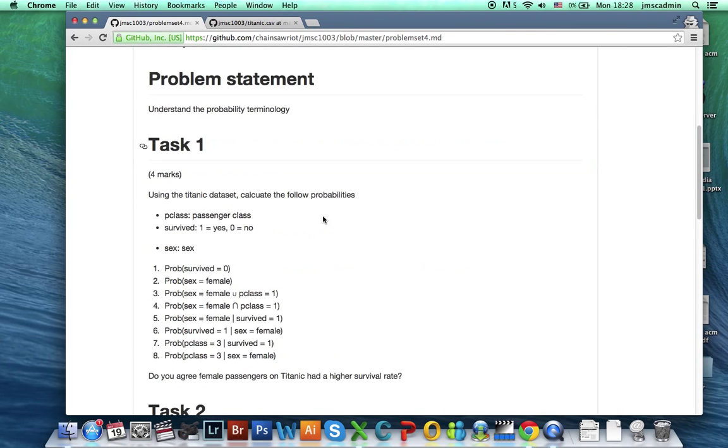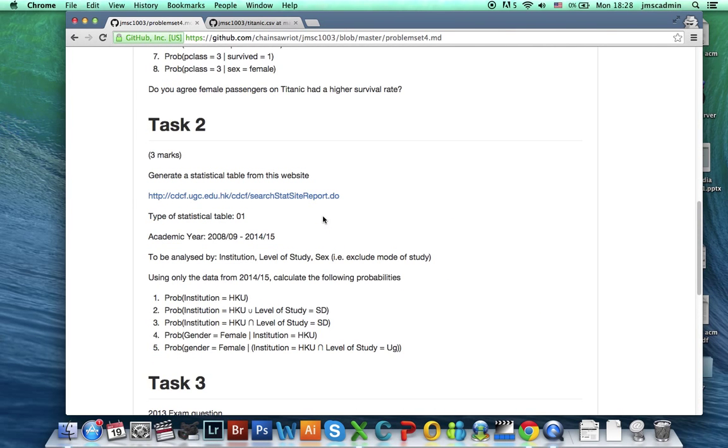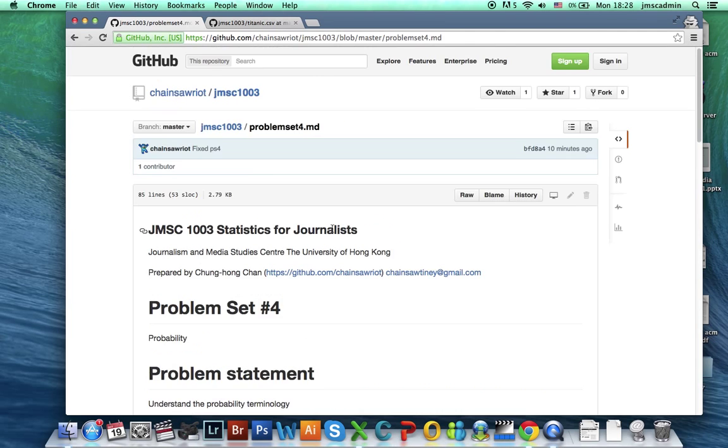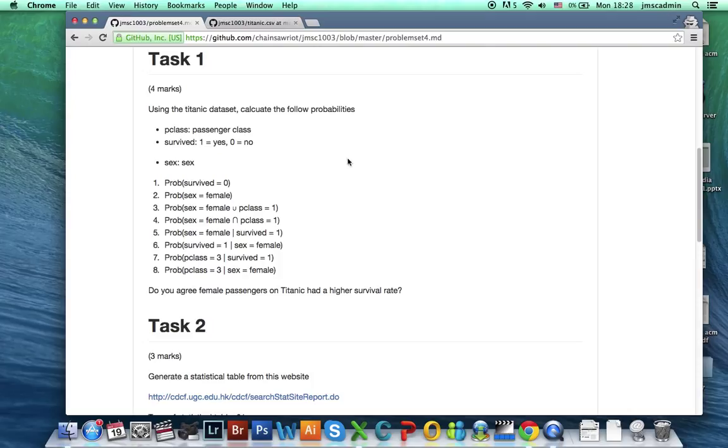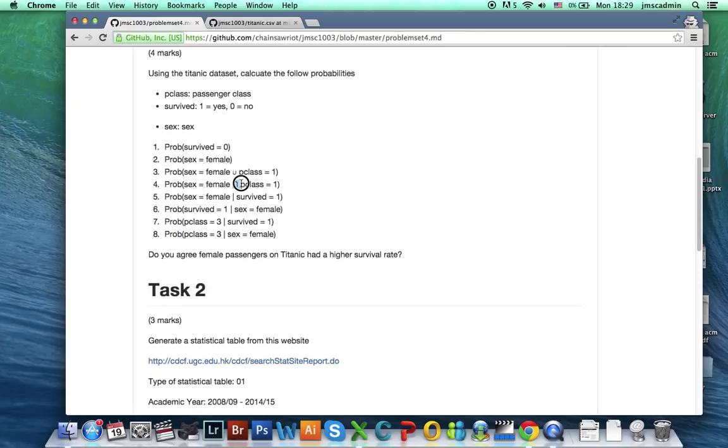Just some very brief calculation about probability, but you need to know something about the terminology and also some symbols so that you know what they mean. In the future, maybe in the exam, you will be asked how to calculate those probabilities just by those symbols. So you need to know what these symbols mean.